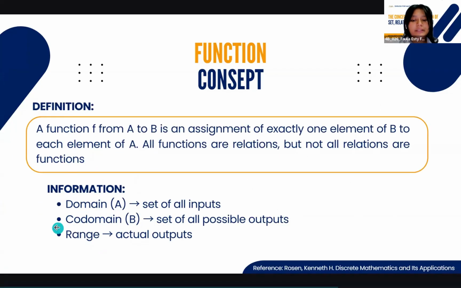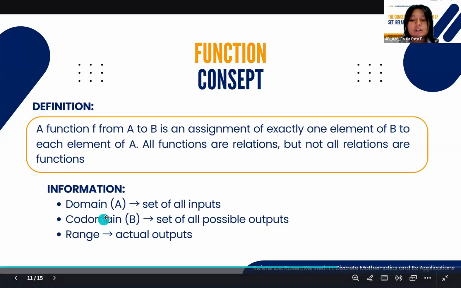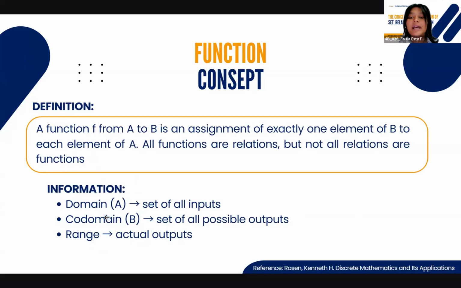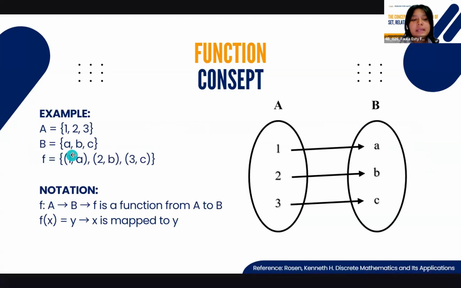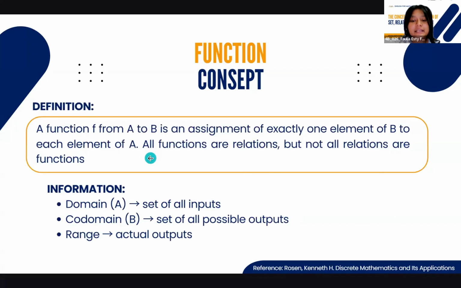Second, codomain. The codomain is the set of all possible outputs. It means all values that could possibly be the result. For example, B is {a, b, c}. So the codomain is a, b, and c.